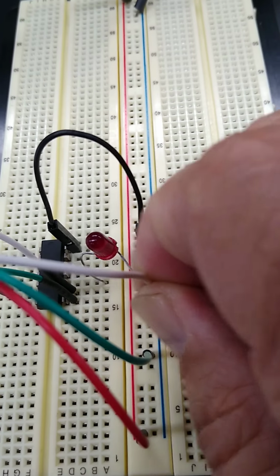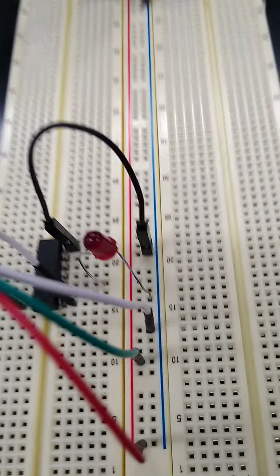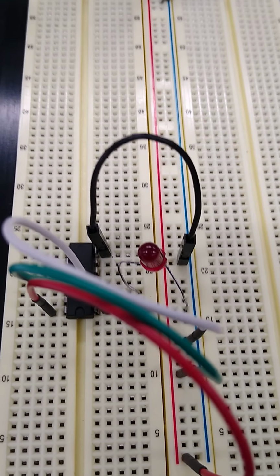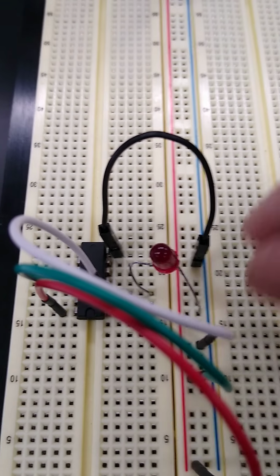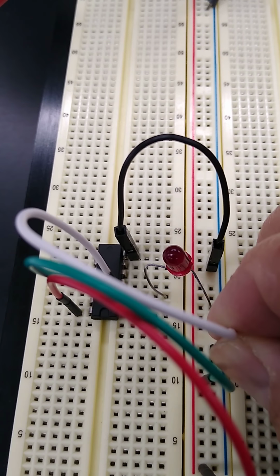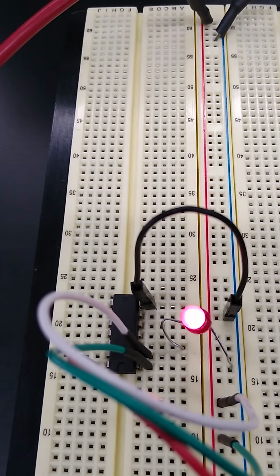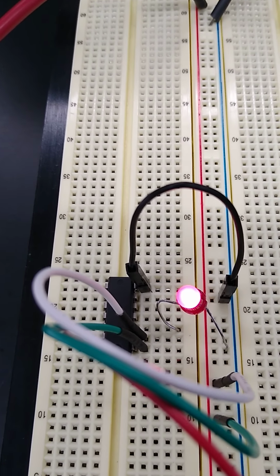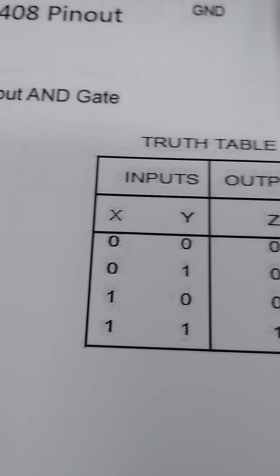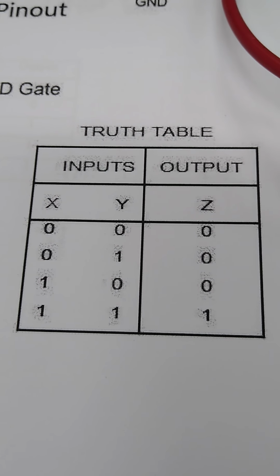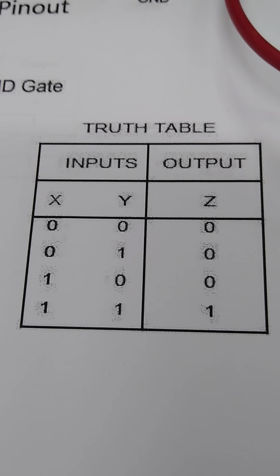So you return it to the same place, and you do the same thing with input 1. Okay, as you can see here, the LED is off. Only when I connect the two inputs to 1 can you see that the LED is on. So this verifies the truth table, and you are going to do the same thing with the 4 gates.